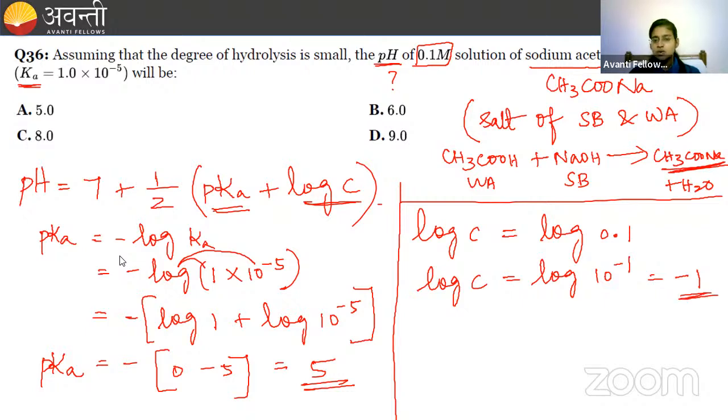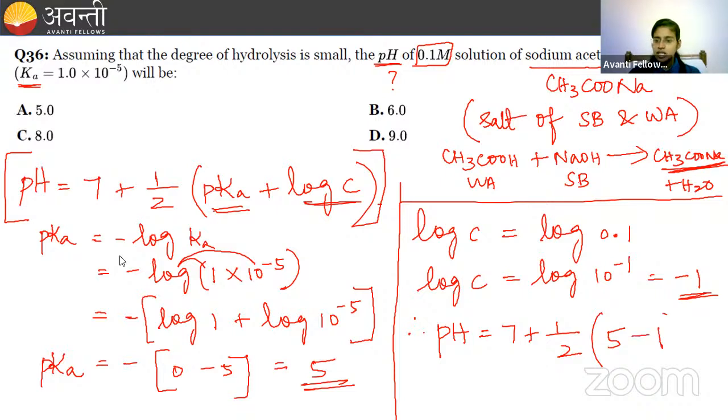So we can substitute the values of pKa and log C in the required equation. Therefore, pH is equal to 7 plus 1 by 2 of 5 minus 1. 5 minus 1 is 4, and 4 by 2 is 2.